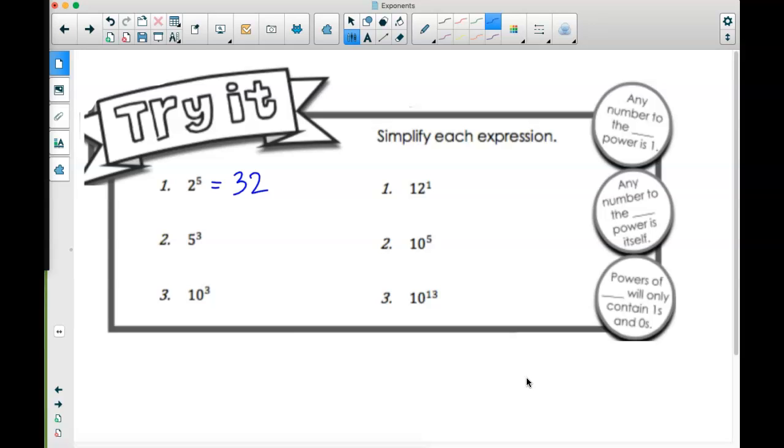Okay. The next one, 5 to the 3rd power. Again, use your calculator. There's no reason not to. So 5, hit the button, to the 3rd power. And lots of you are typing that in. You get 125.